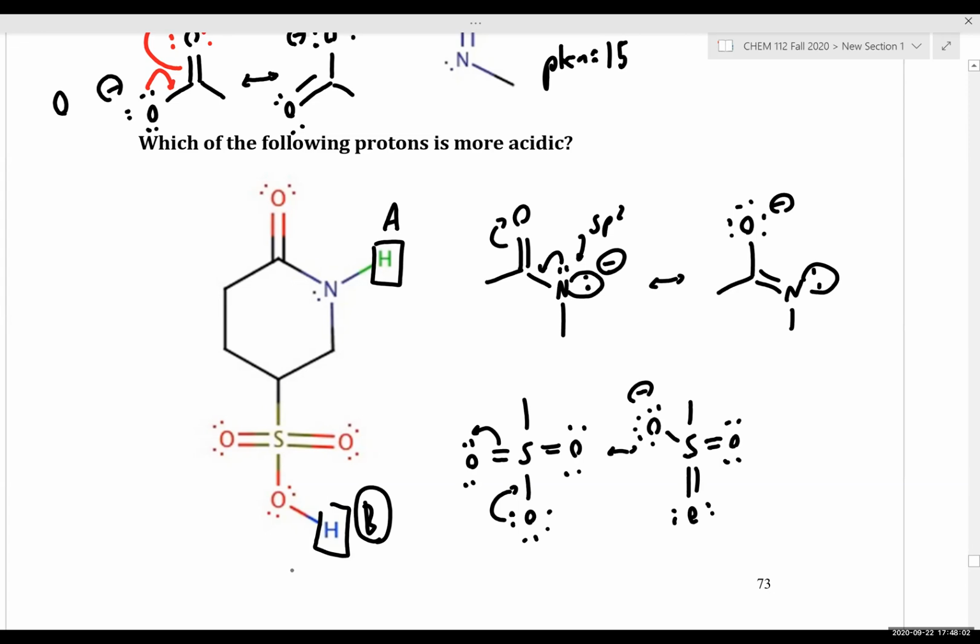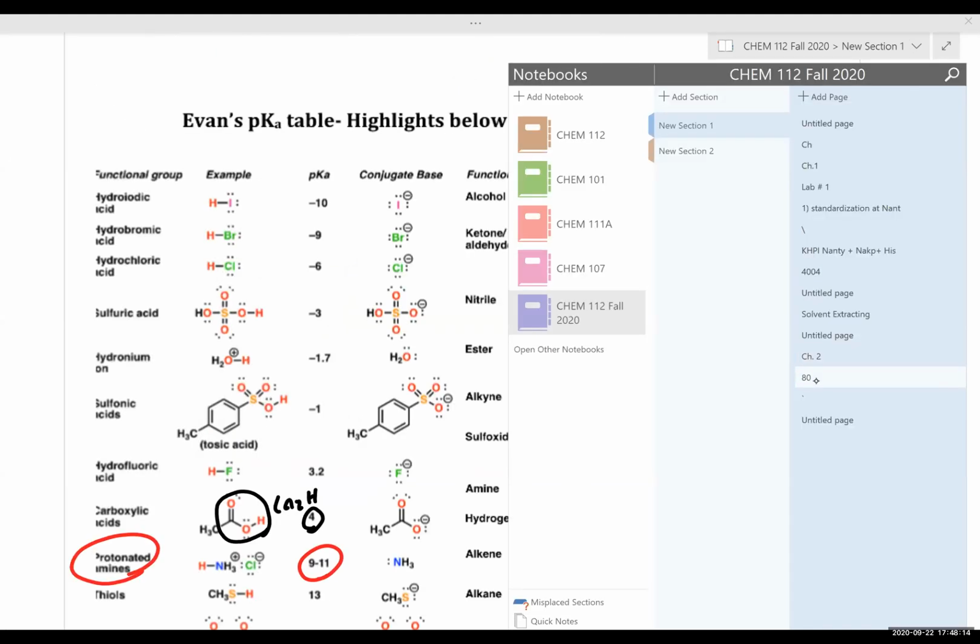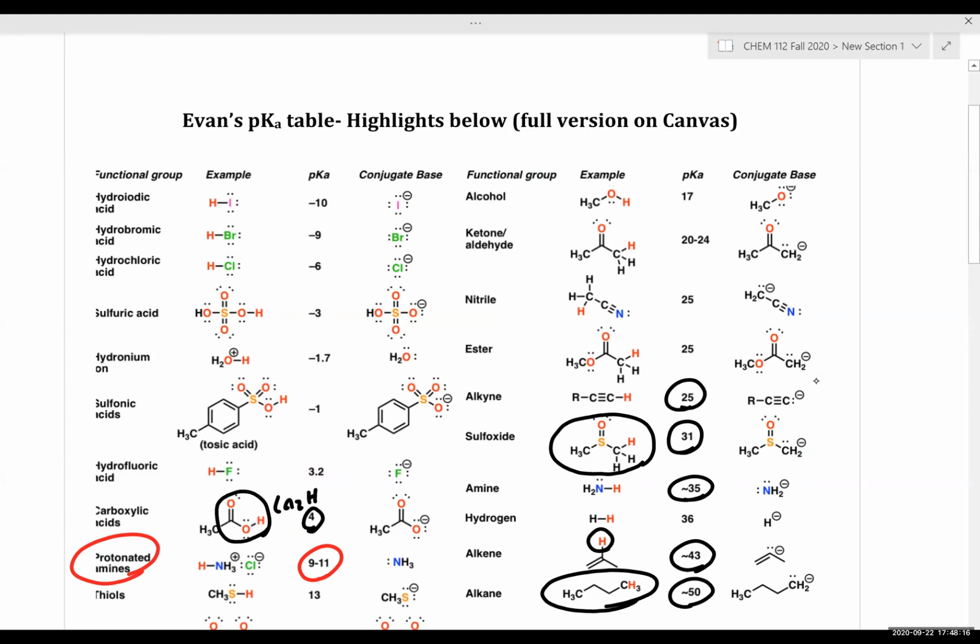Oh, the pKa of proton B, I'd estimate that this pKa, well, we have some data to back that up. Let's look. So the sulfonic acid has a pKa of about -1. Very acidic.